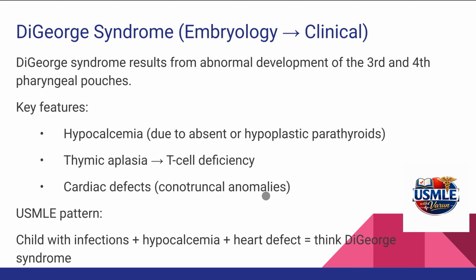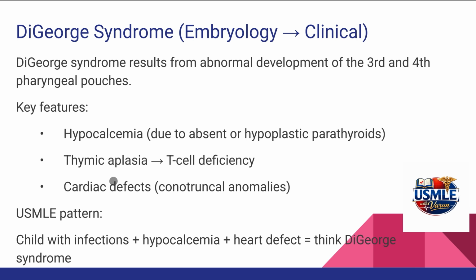Now let's study about DiGeorge syndrome. In DiGeorge syndrome, there's abnormal development of the third and fourth pouches. This leads to hypocalcemia from absent or hypoplastic parathyroids, thymic aplasia, which leads to T cell deficiency, and the other key feature is cardiac defects, which can present as conotruncal anomalies.